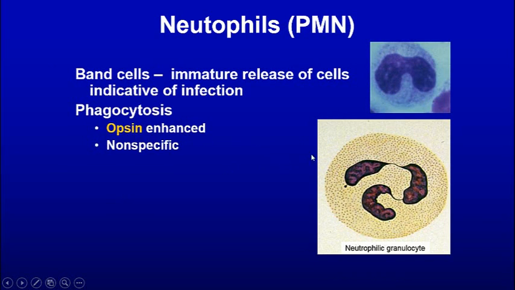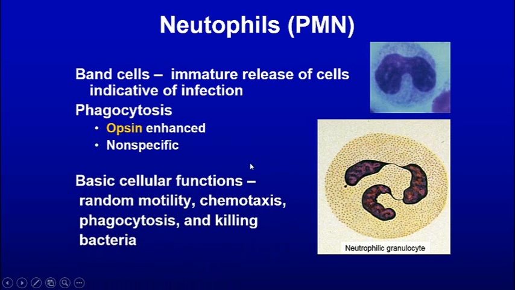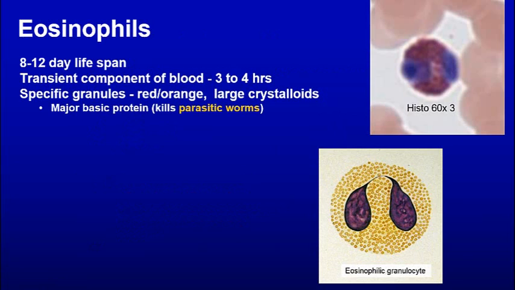Opsonized is whenever antibodies facilitate phagocytosis. So basic cellular function is a random movement. They move out of the bone marrow. Chemotaxis, they're attracted to wherever a bacterial infection is. Phagocytosis, they can phagocytize it, and then they kill it with their specific granules attaching to the vesicle that has phagocytized it.